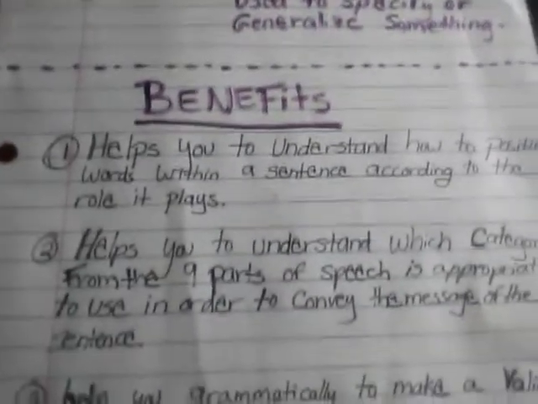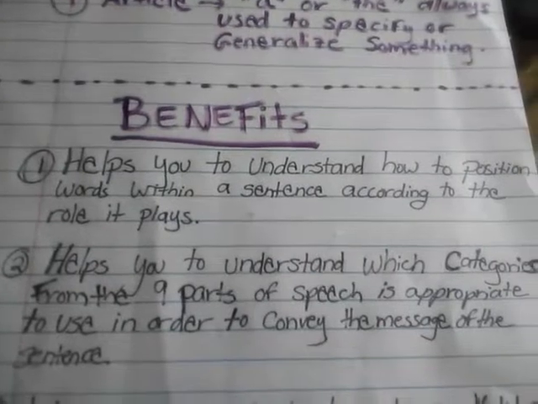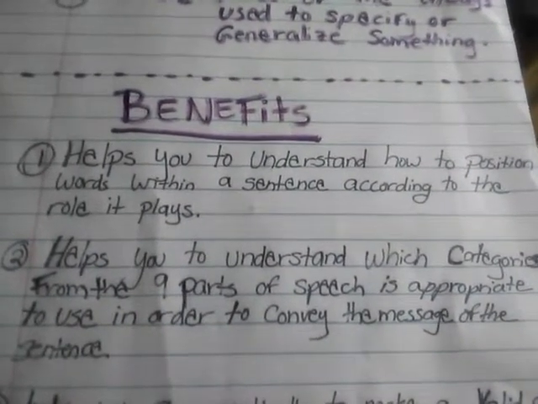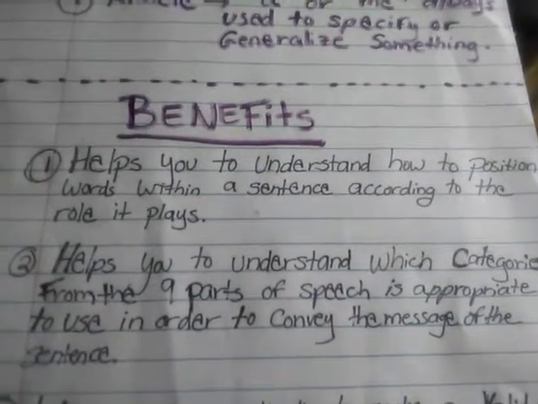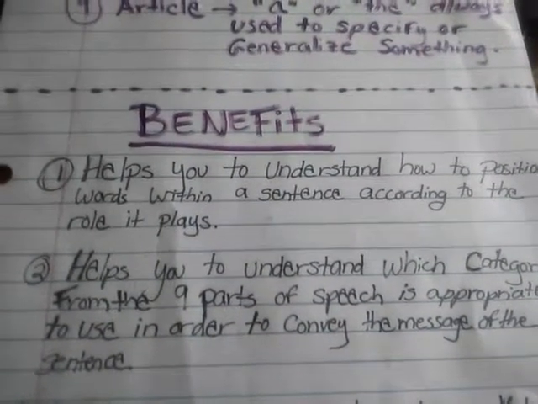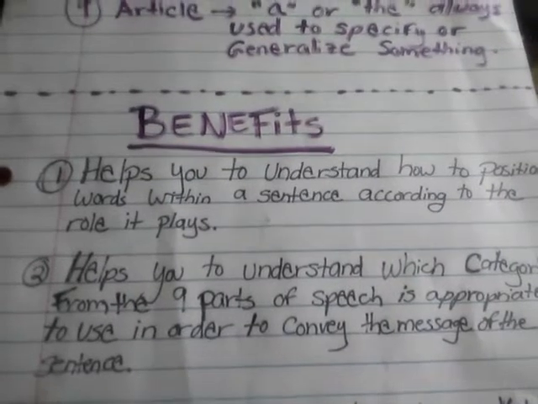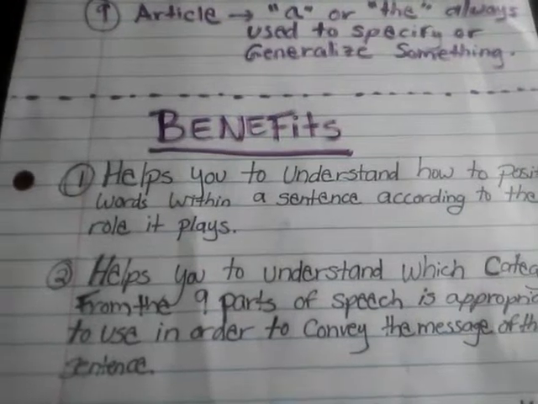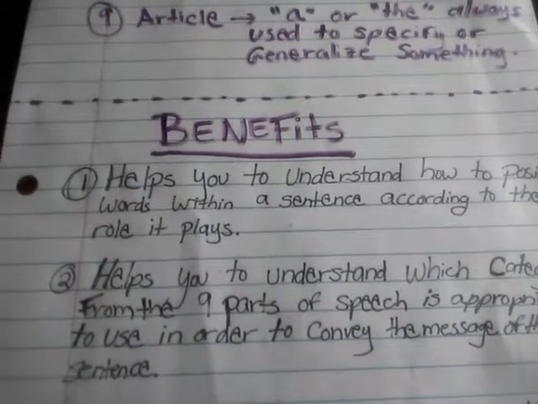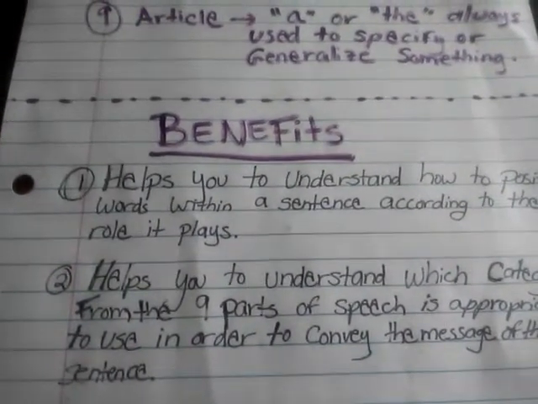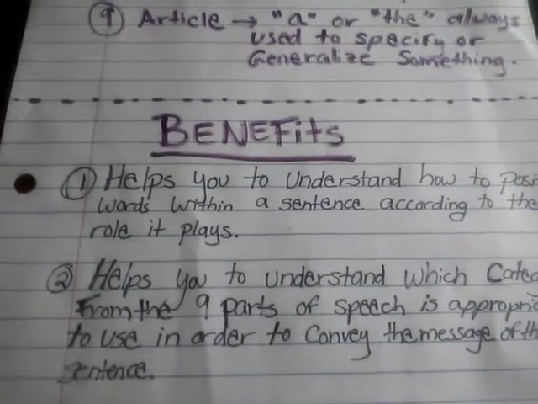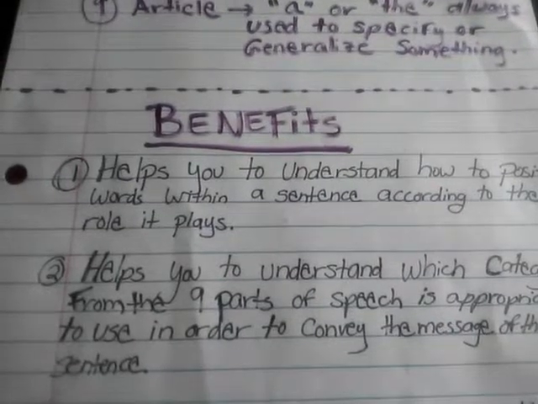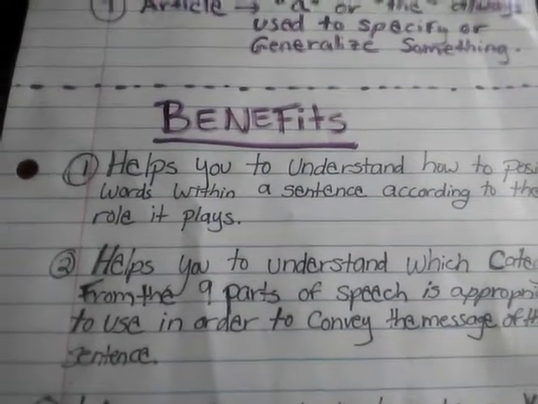Okay, and the second one, it helps you to understand which category from the 9 parts of speech is appropriate to use in order to convey the message of the sentence. For example, we had the interjection. Interjection will tell you which emotions or feelings are appropriate for the sentence, and where to apply those feelings and emotions.